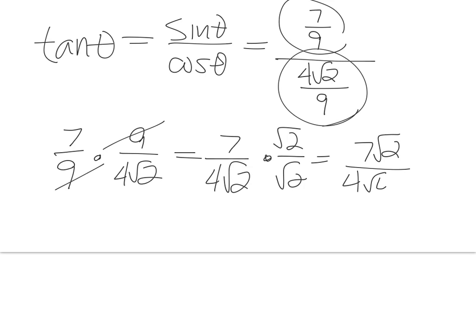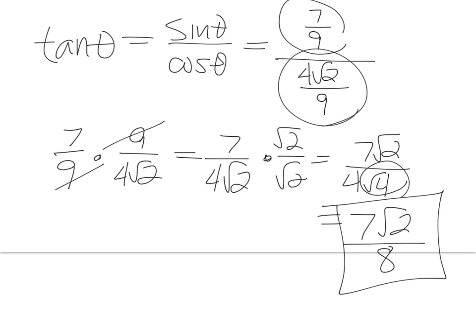That gives 7 square root of 2 over 4 times 2, which is 8. If you go back to the second problem we did with the opening exercise, you'll see that we found tan theta equals 7 square root of 2 over 8. We got the same answer.